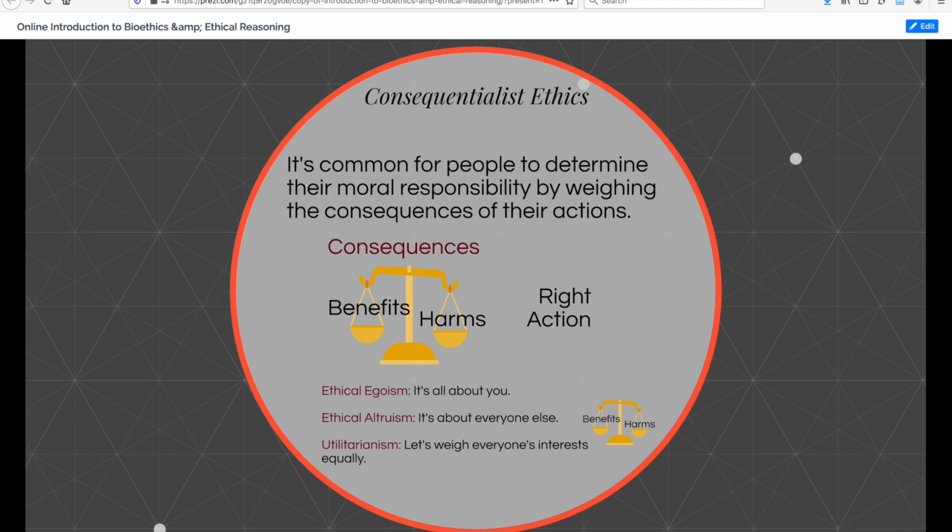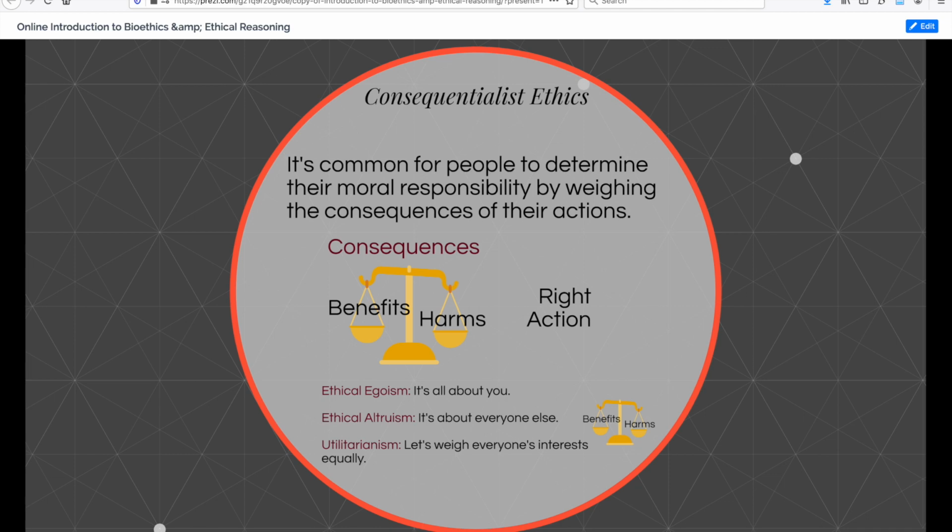So for consequentialist ethics, what you want to do is weigh the benefits and the harms of any action. And the action that brings about the greatest benefits and the least amount of harms is the action that you want to take. Now, there are three types of consequentialist ethics, depending on the scope of what you think is of moral considerability.